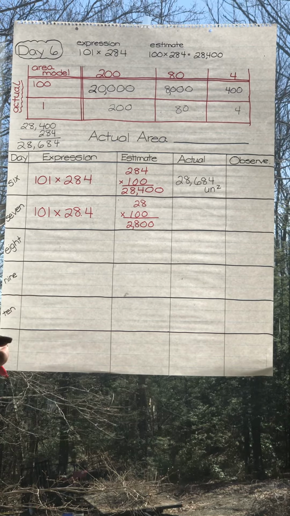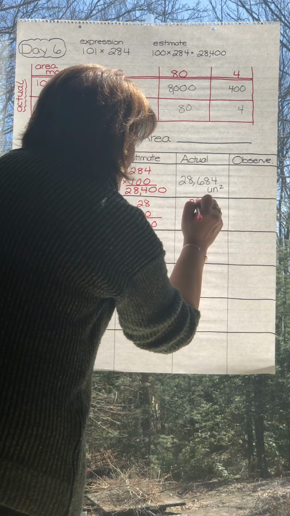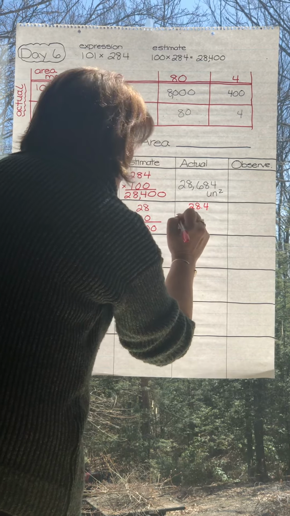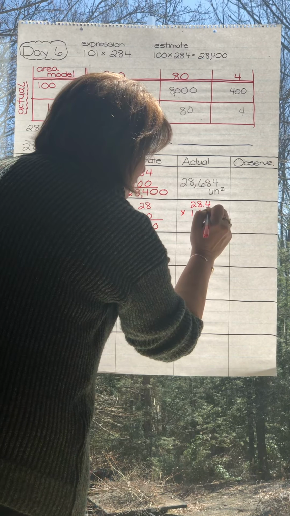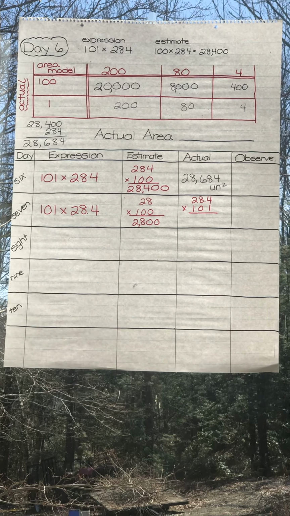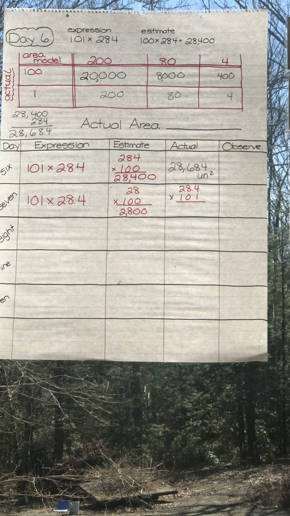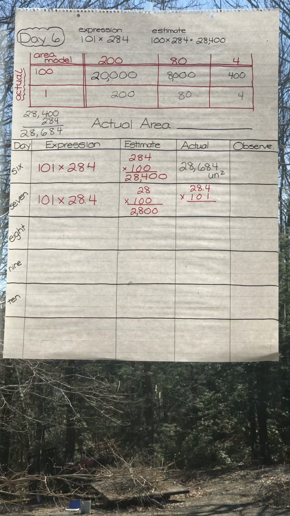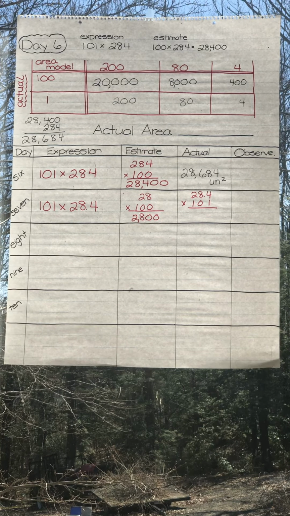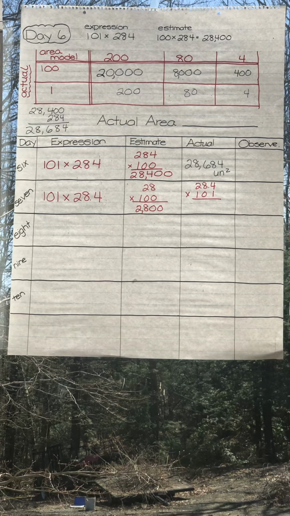And so, again, now we're in our actual answer. We have 28 4/10, and we're going to multiply that by 101. And remember, in multiplication, you do not have to line up the decimal points. You do not have to line up the place values when you're multiplying, because every place value gets multiplied by every place value.